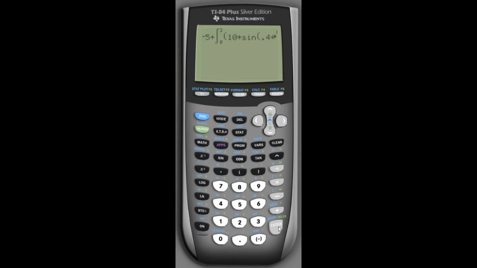So enter, and we have -1.760. So the position of the particle at time t equals 3 is -1.760 thousandths.